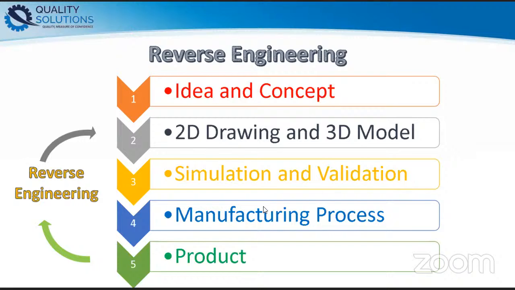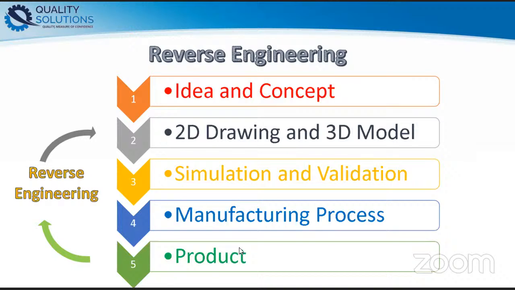In the normal workflow, we have the idea or concept of the product, and then with the help of detailed designing, we arrive at the 3D model and 2D drawings, and we perform simulation and validation. After confirming the 3D model, we go to the manufacturing or prototyping process, and in the end you get the product in the market.